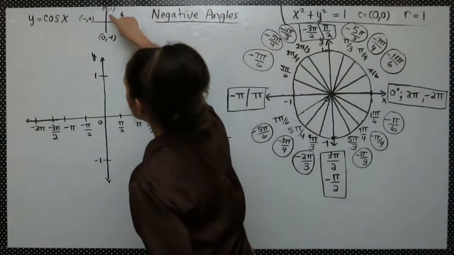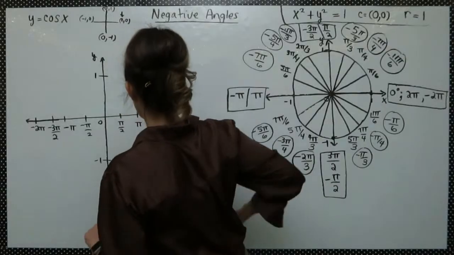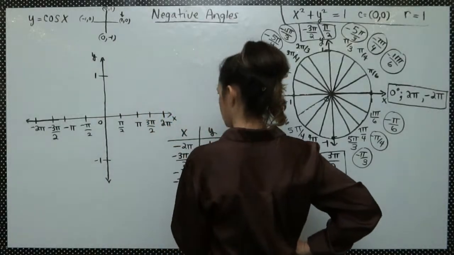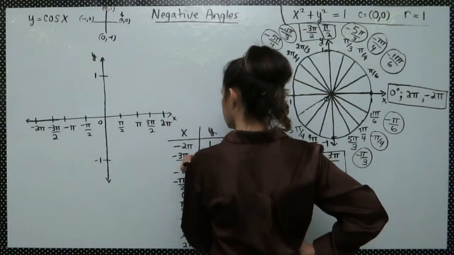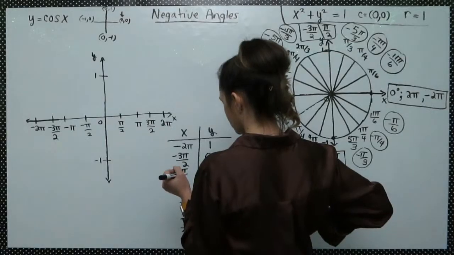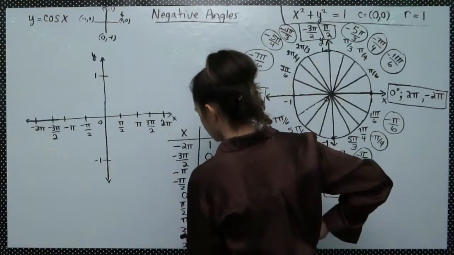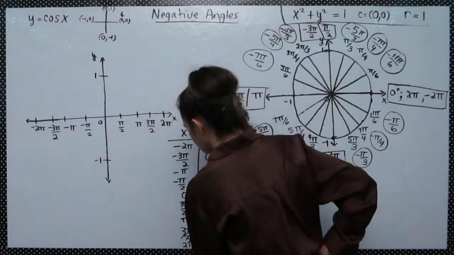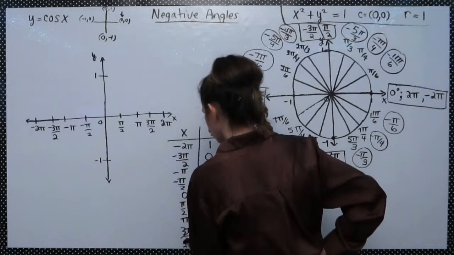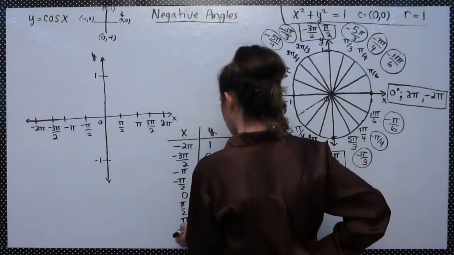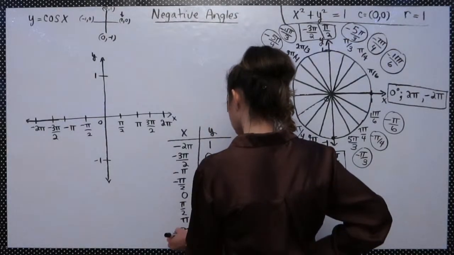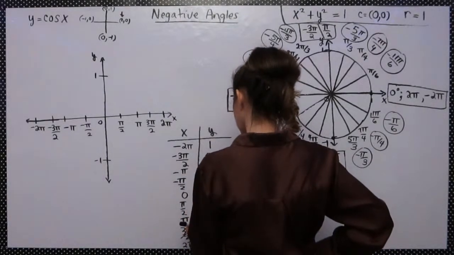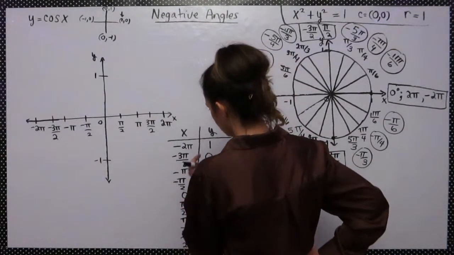So here, my cosine value is 0. So negative 3 pi over 2 is 0. And you can already see by the table that this is not a one-to-one function because you have different values in your domain and they're pointing to the same value in your range.